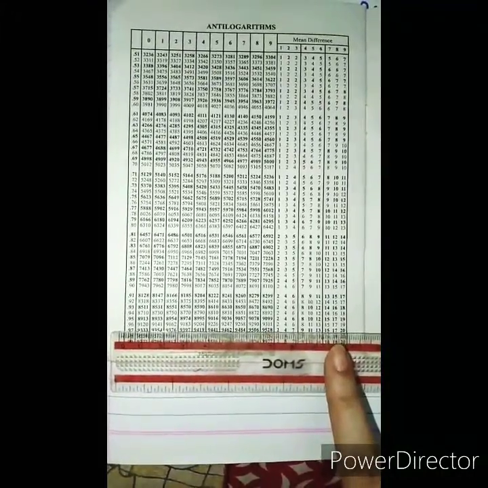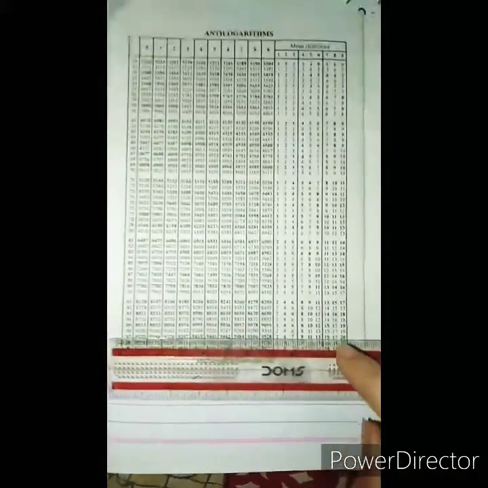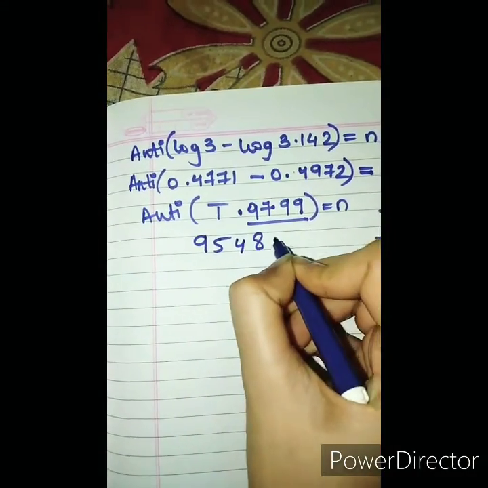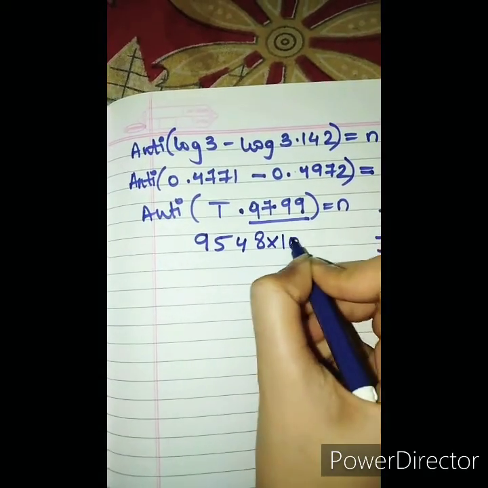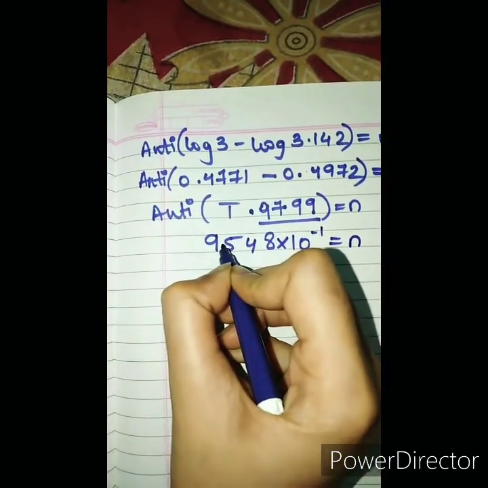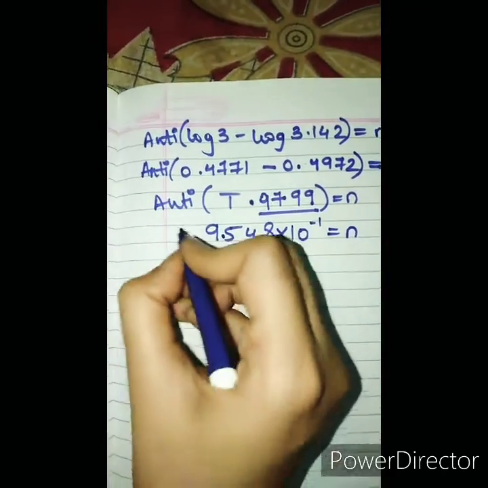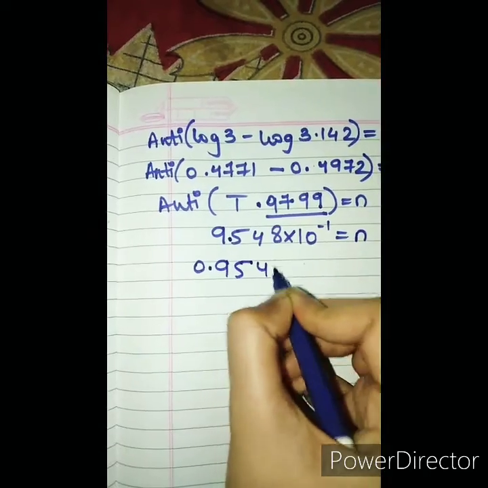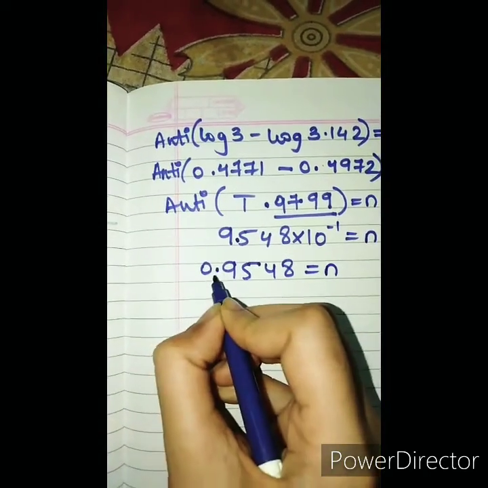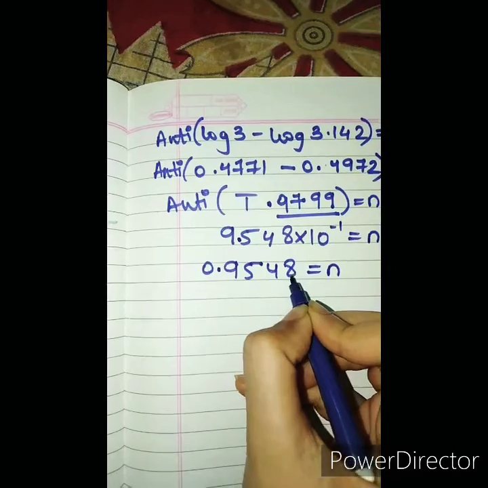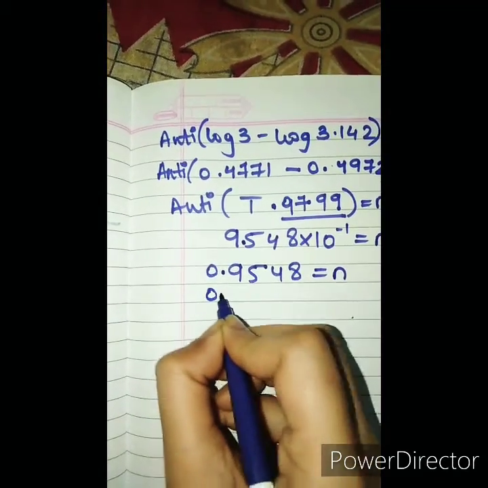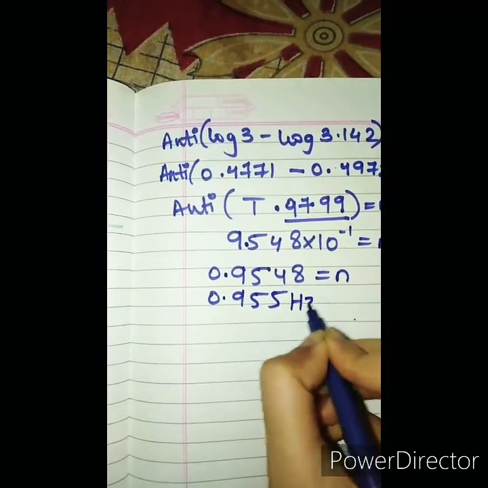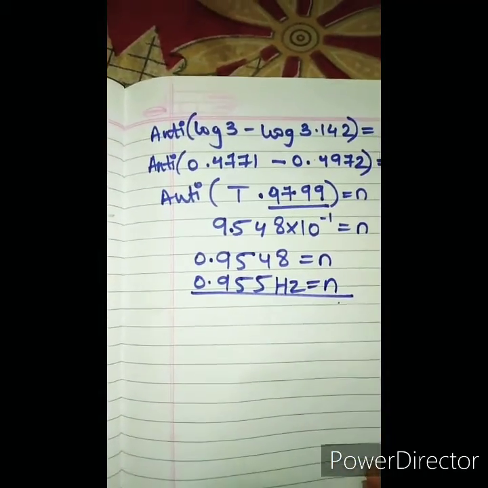So 9528 plus 20 will be 9548, right? So we'll write here 9548. As we have minus 1, it will be 10 raised to minus 1 is equal to n, and just a point after one digit. So multiplied by 10 raised to minus 1, it will be 0.9548 is equal to n. Now since this digit is greater than 5, it will become 9 plus 1, and that gives me 5 hertz as the frequency obtained.